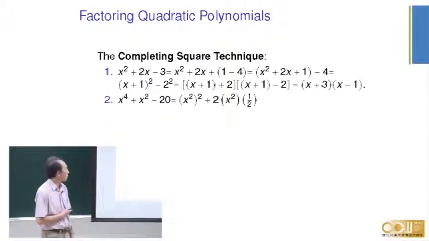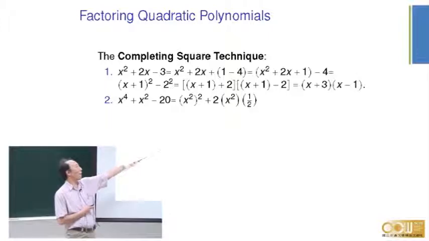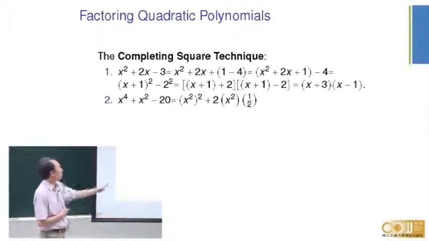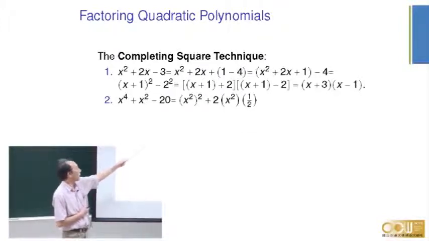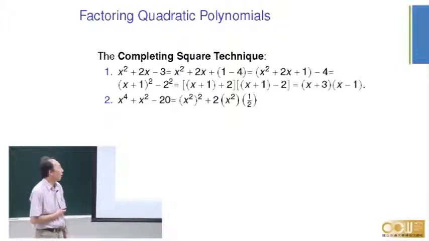I put x to the power 4 to be the square of x squared, and I rewrite x squared into 2 times x squared, but because I'm putting identity here and original coefficient is 1, I put a 2 over there, so I have to multiply half to match the original 1, and so here it becomes a squared plus 2a times b. So b will be 1/2 over there.